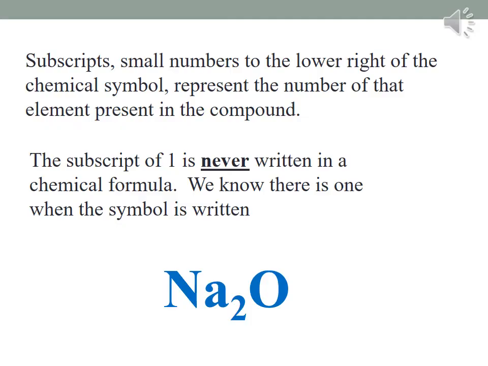So we know there's 1 of that chemical when that symbol is written. So you'll see there's an oxygen written with no number after it. As long as the O is there, it tells us there's at least 1 oxygen. If there were more than 1, then we'd see that number written down below. So this compound has 2 sodium and 1 oxygen atoms.